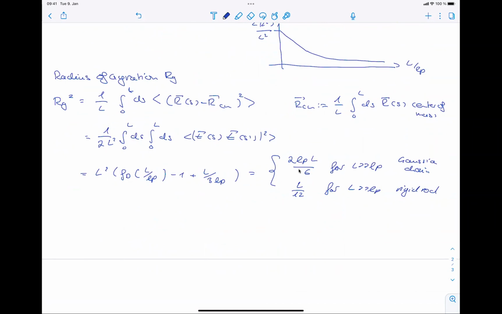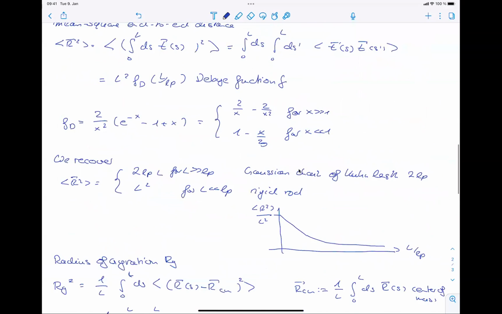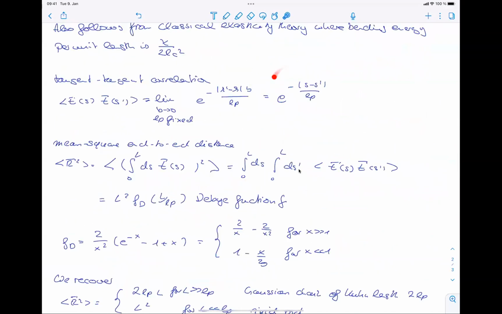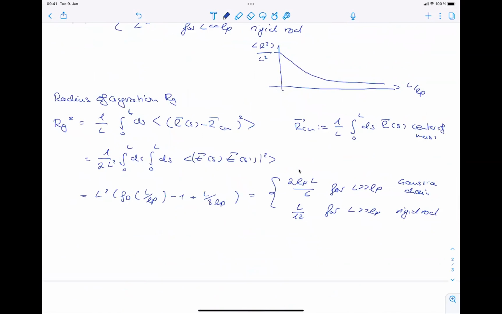Now in single molecule measurements, we can determine this tangent correlation, which nicely has a very simple form, namely an exponential decay, which is also something that we can very robustly fit, so that we can determine as a decay length the persistence length, which is really the quantity that tells us most about the statistics of the systems.